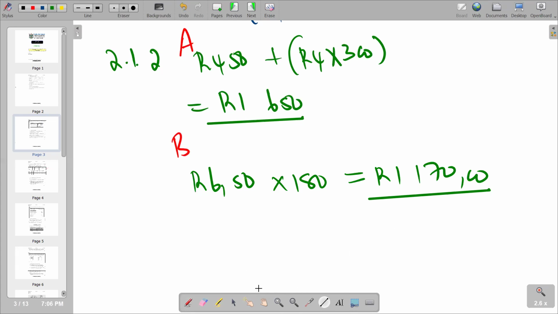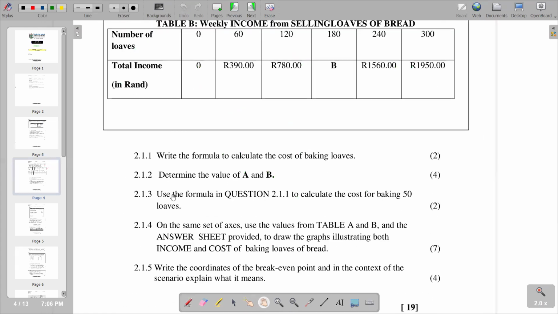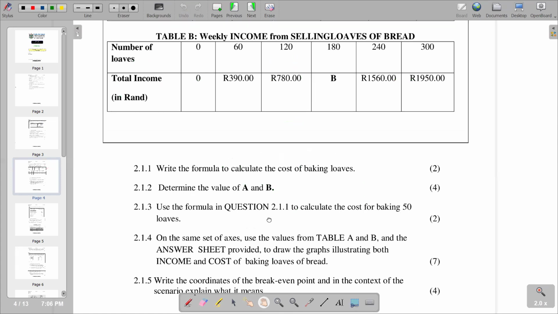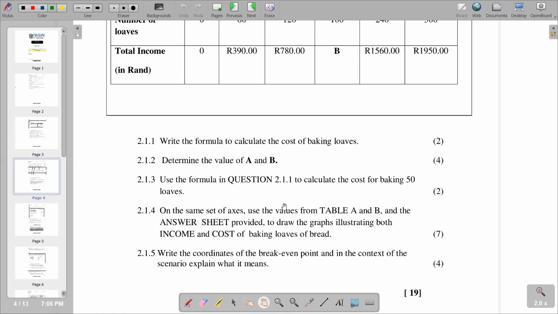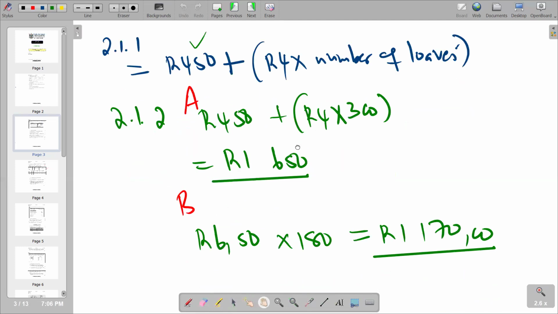And we go to the next question, which is 2.1.3. Use the formula in question 2.1 to calculate the cost for baking 50 loaves. So for the cost of baking 50 loaves, we already have the formula. Remember, the formula for the cost is 450 rands plus 4 rand times number of loaves.